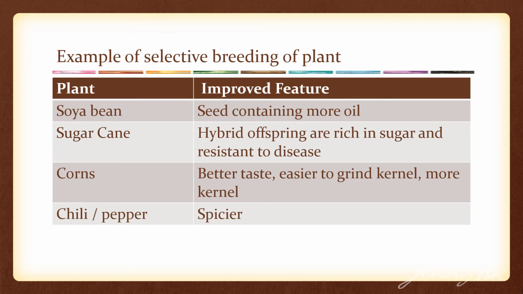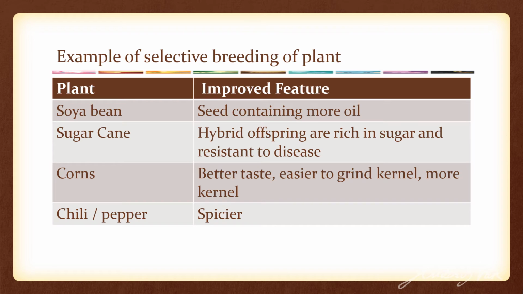So the next part is quite important. Do remember to copy this down because this is literally what's mentioned in the syllabus outline. So for example, soya bean, the farmer only allows the plant whereby the soya bean containing the most oil to reproduce. Why is this important?